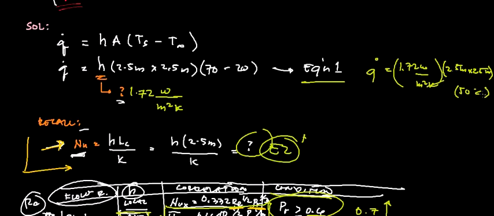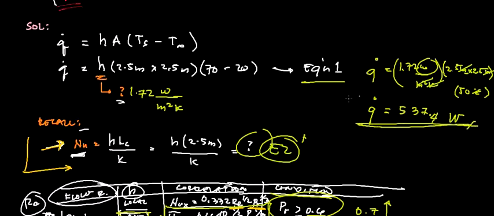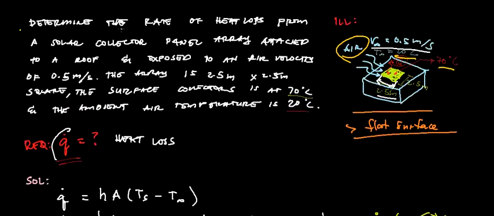Okay, so we can cancel out the meters squared. So we have the value of our Q equal to 537.4 watts. So this is our Q loss, the rate of heat loss from a solar collector.